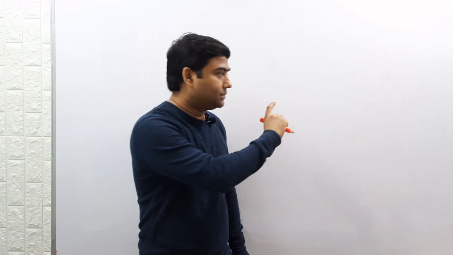For example, it is extensively used in the concept of relative velocity. I will discuss how the vector subtraction method is used to find the relative velocity. And the second application of subtraction of vectors is position vector. By position vector you can find the new vector.